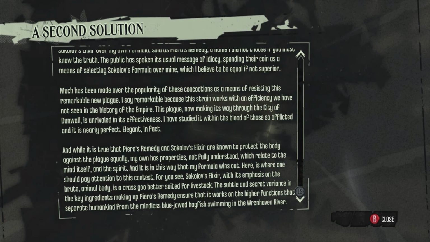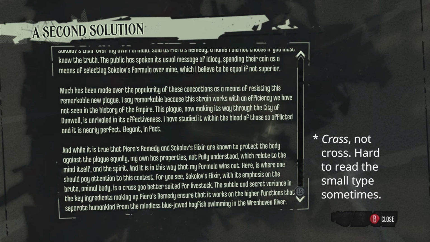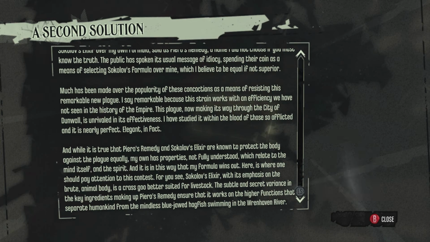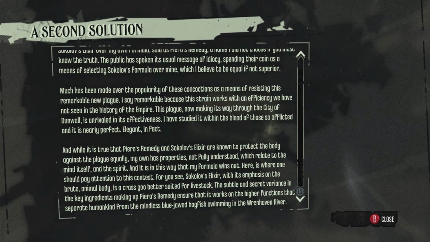Here is where one should pay attention to this contest, for you see, Sokolov's elixir, with its emphasis on the brute animal body, is a crude goo better suited for livestock. The subtle and secret variants in the key ingredients making up Piero's remedy ensure that it works better on the higher functions that separate humankind from the mindless blue-jawed hagfish swimming in the Wrenhaven River.